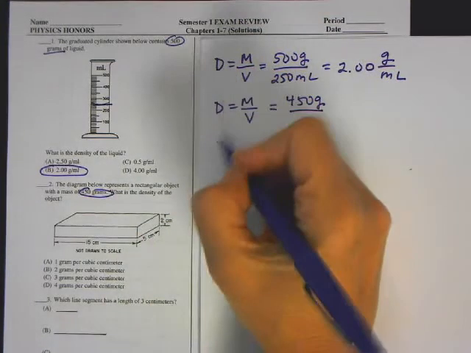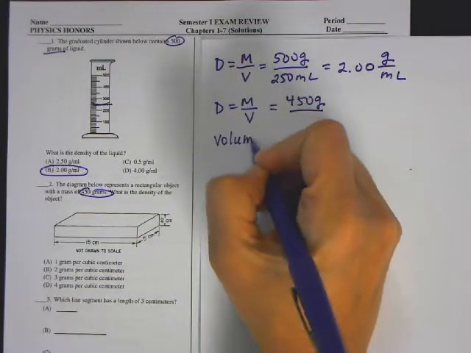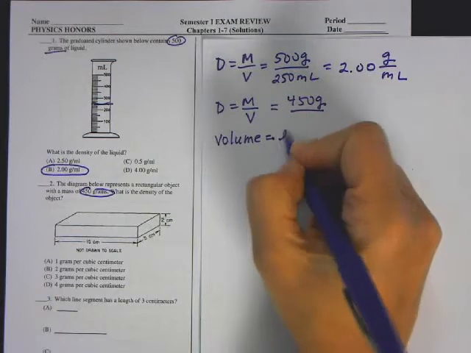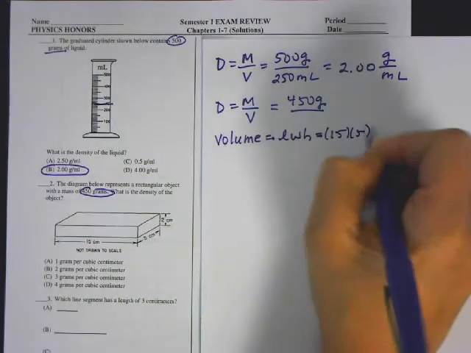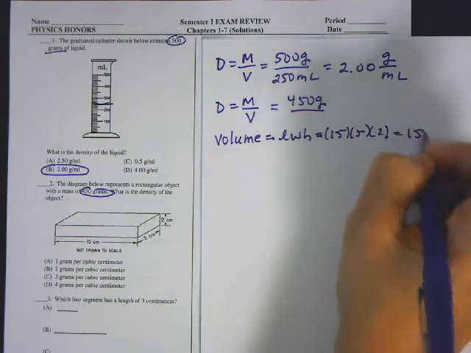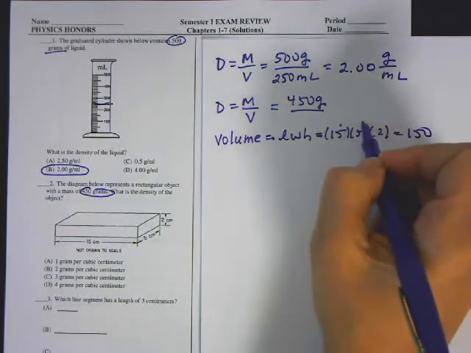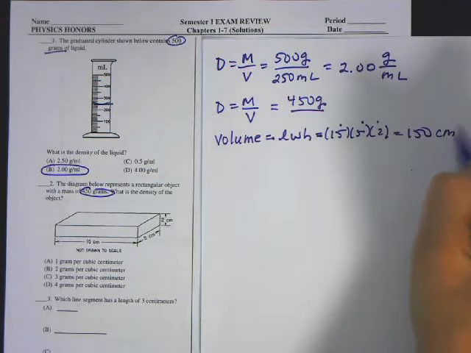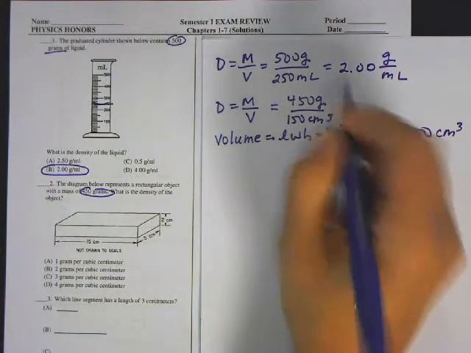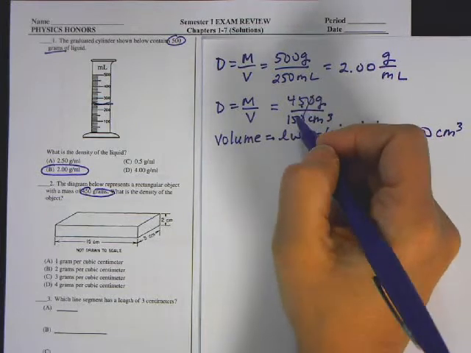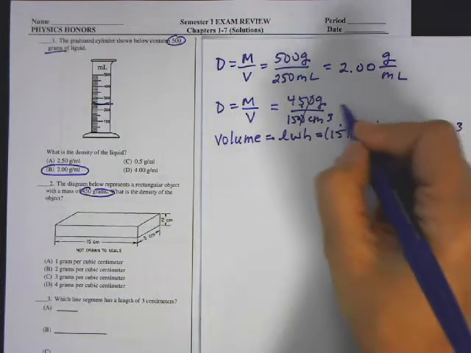Now I can calculate the volume. It's equal to length times width times height. So 15 times 5 times 2 is equal to 150. A centimeter times a centimeter times a centimeter is a centimeter cubed, over 150 centimeters cubed. So 450 divided by 150 is 3.